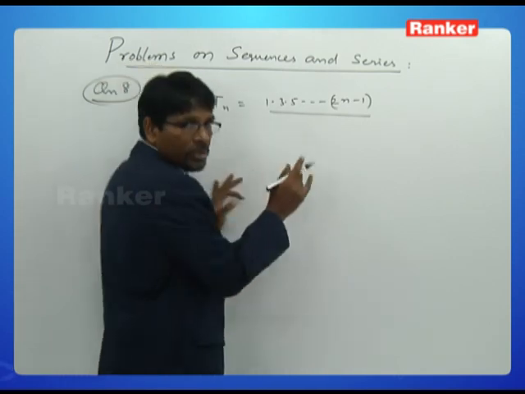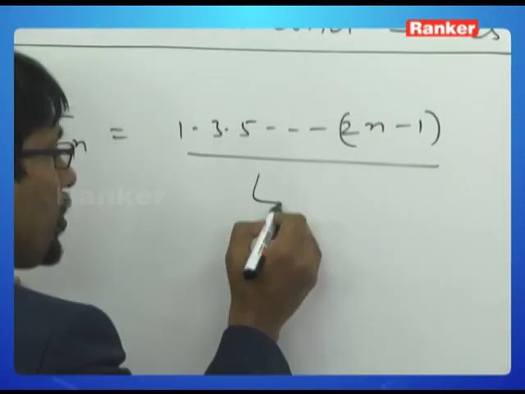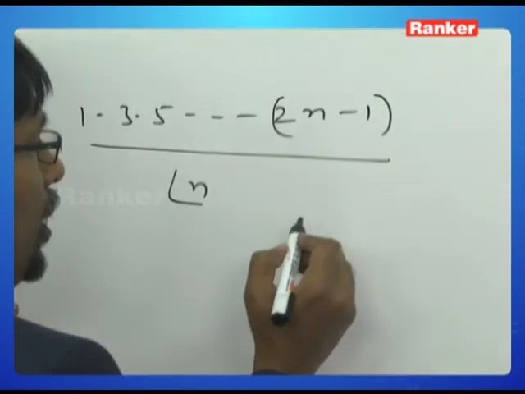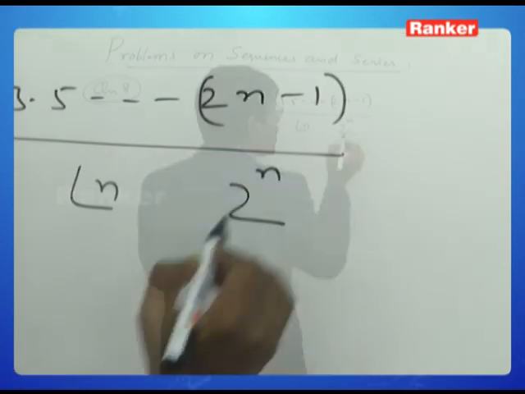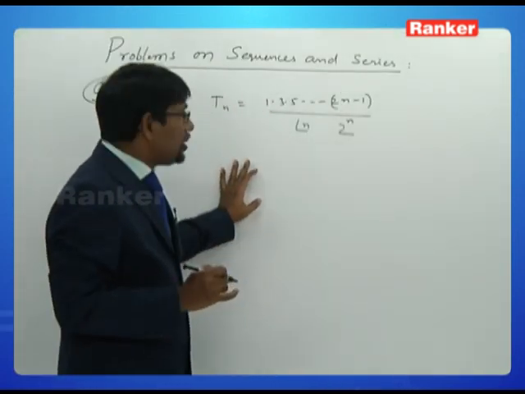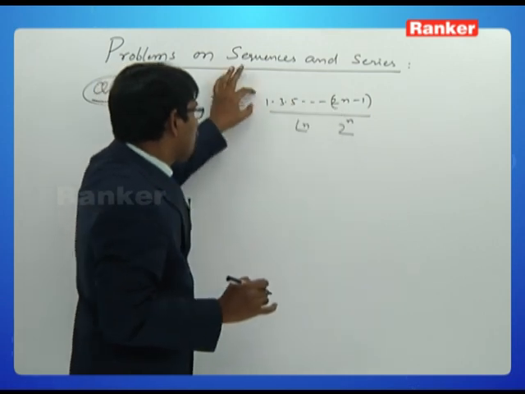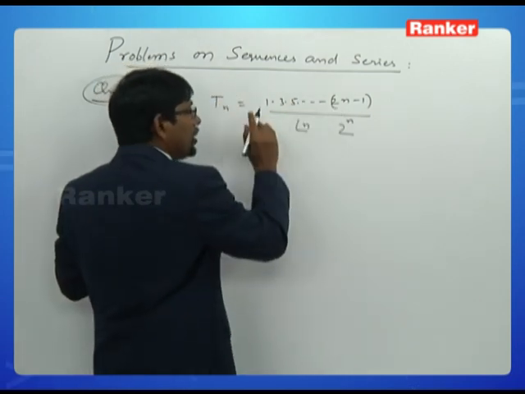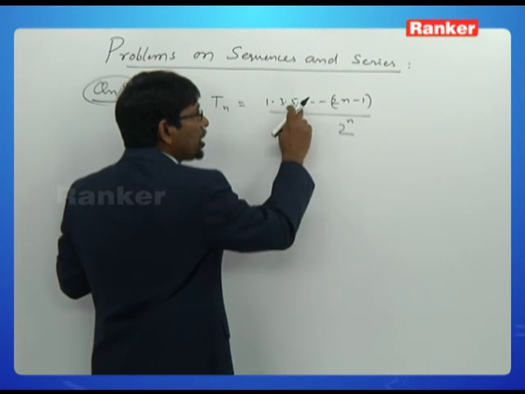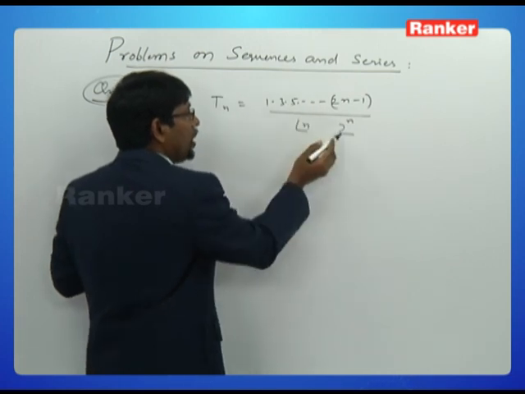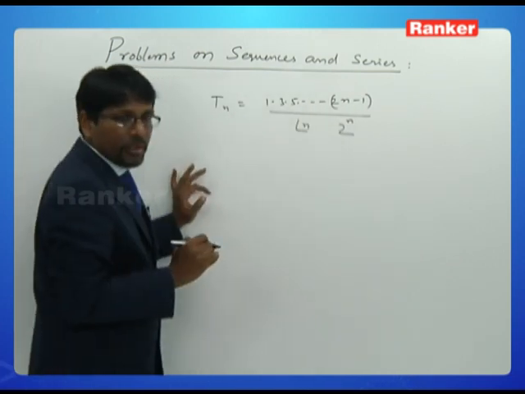Here we have that divided by n factorial into 2 raised to the number of factors that you have in the numerator. How many factors are there in this numerator? N factors are there. N consecutive odd numbers are the factors here, and you have 2 power n factorial.